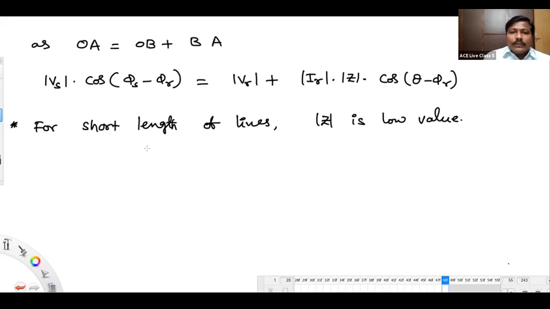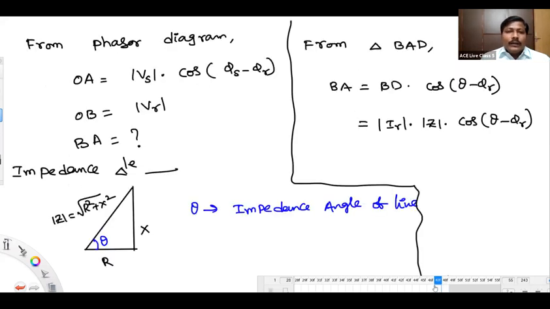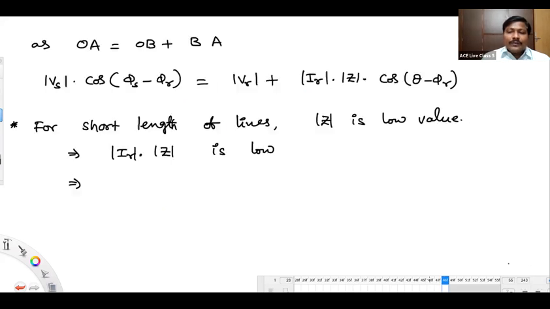Z is a low value. That implies the impedance drop magnitude is low, so the Vs and Vr phasors will be very close. Not numbers, phasors are close.